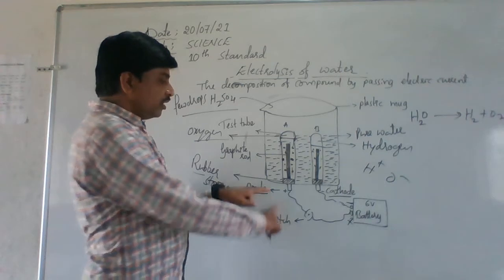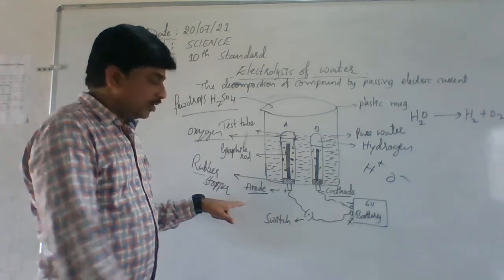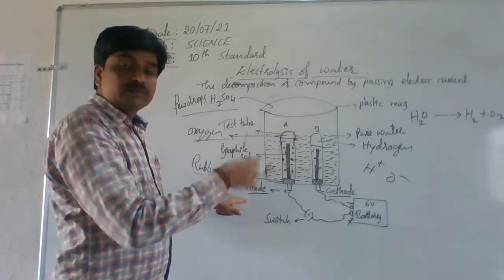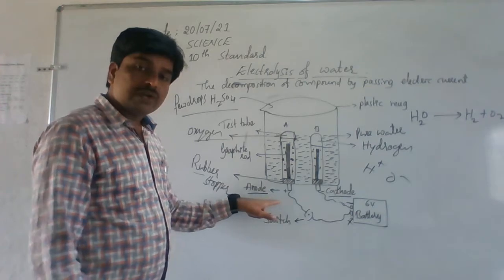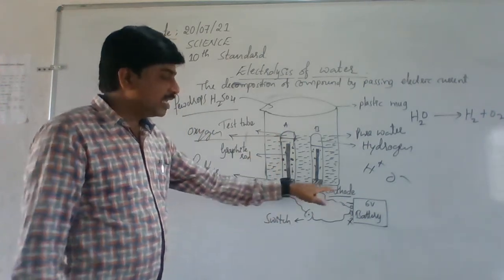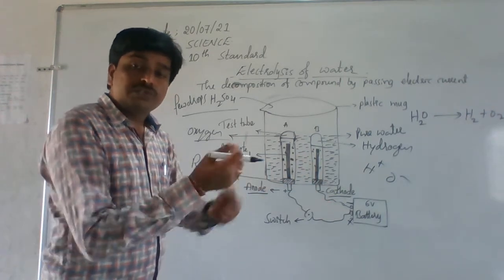Remember one thing, the positive electrode here is the anode. This anode always attracts negative ions. Similarly, the cathode, the negative electrode, attracts positive ions.